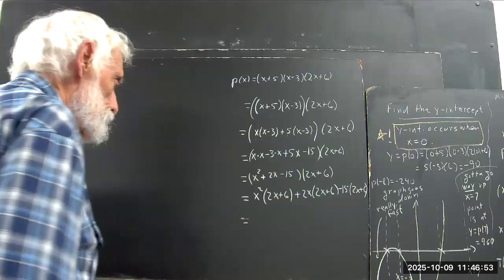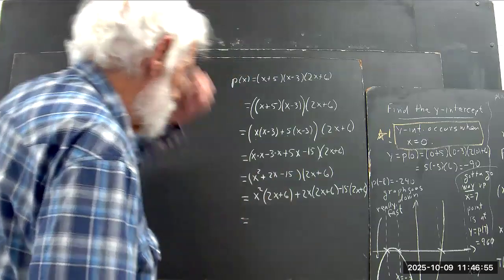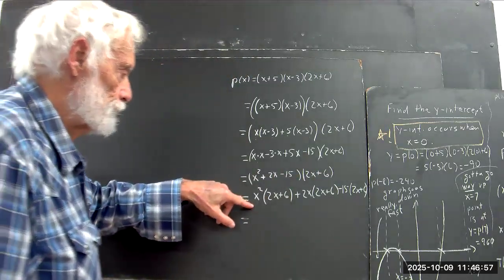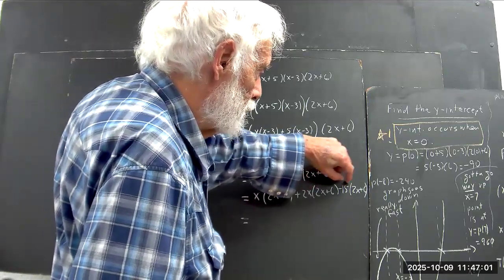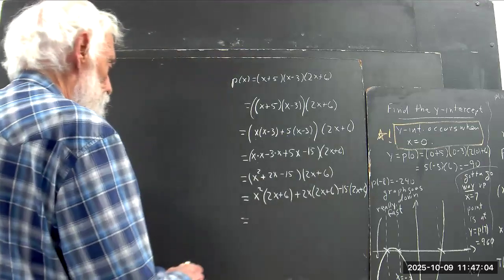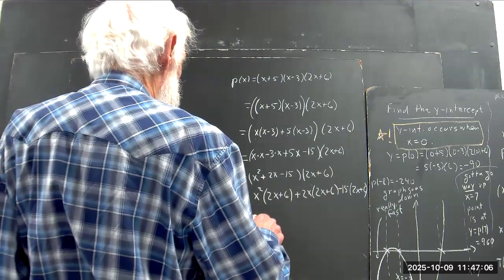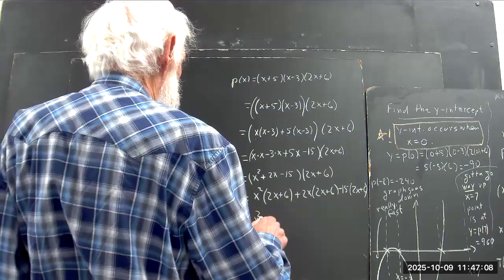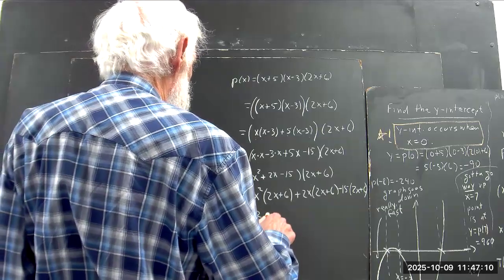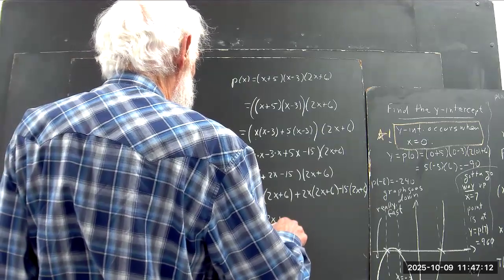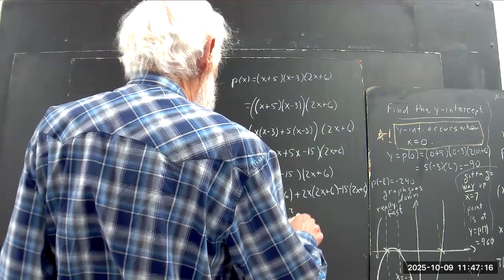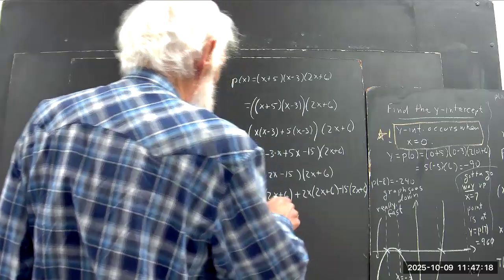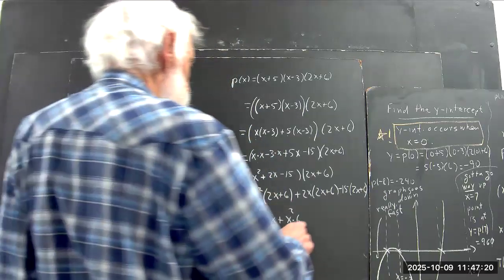All right, now we have to multiply some more because x squared is multiplied by this, 2x is multiplied by this, negative 15 is multiplied by this. So we have x squared, well, it's going to multiply the 2x, and it's going to multiply the 6.